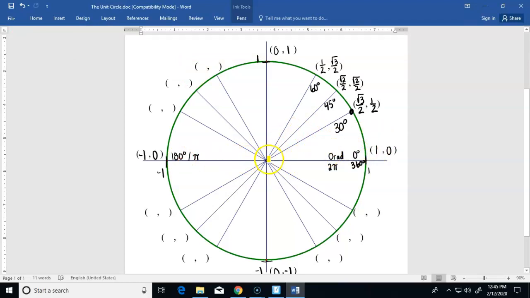I split my unit circle into 30-degree increments. So you go around your unit circle, looking at every 30 degrees.